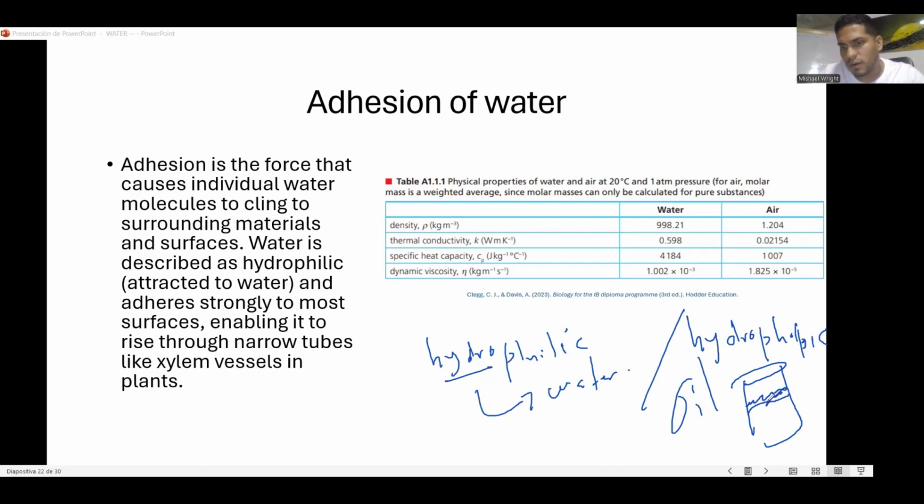And in fact, both have different densities. The density for water and for oil is going to be different, right? They are completely different.